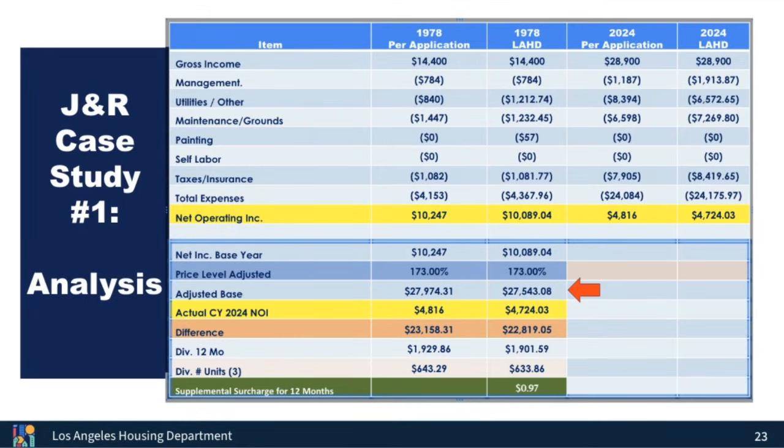The base year is adjusted after computing the 173% inflation rate factor. The end result is a permanent rent increase of $633.86 instead of $643.29, and a supplemental surcharge of 97 cents based on capital improvement type expenses that were part of the J&R application packet and were not filed separately using the capital improvement program.